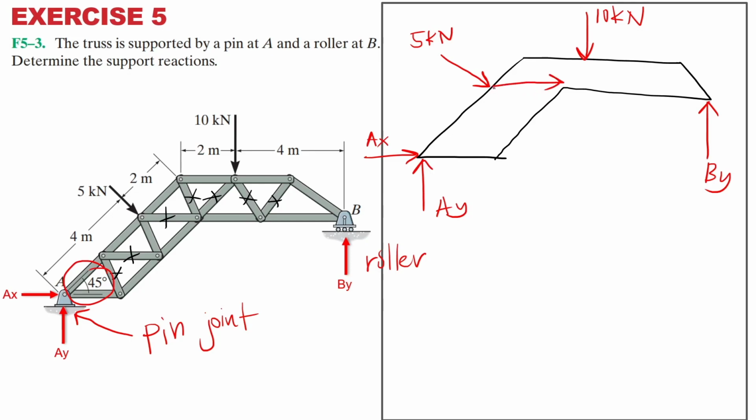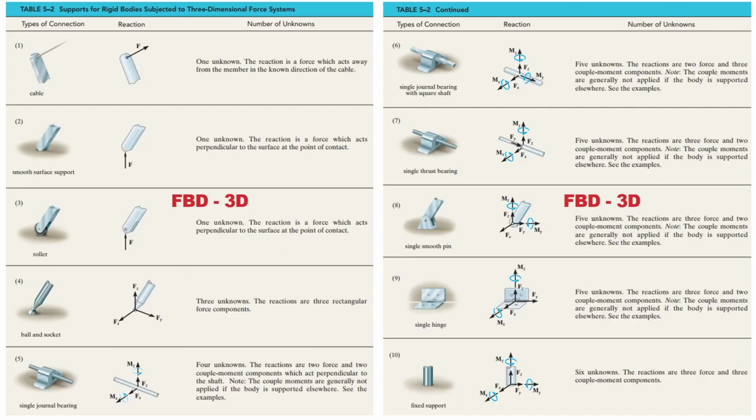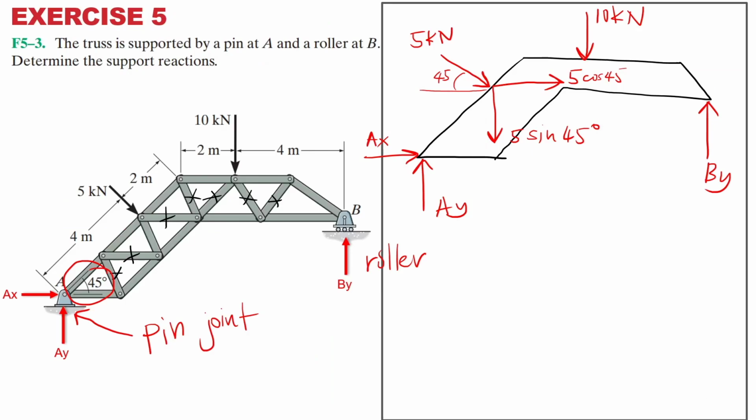So 45 resolves into X and Y. So 45 degrees, draw it properly. 5 cos 45, 5 sin 45. The rest you can do on your own.